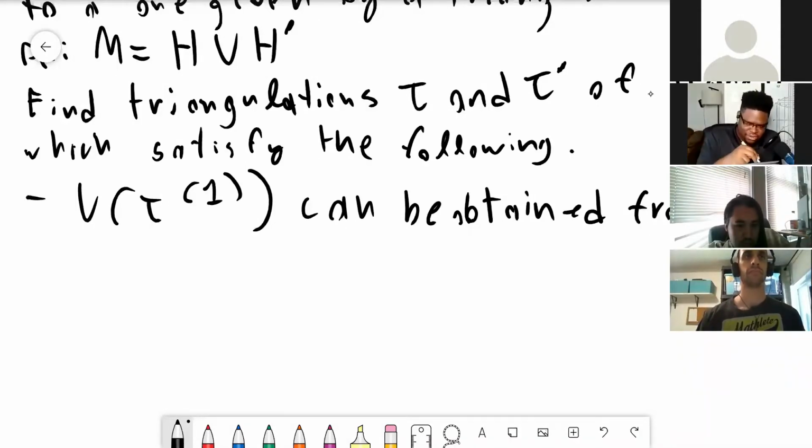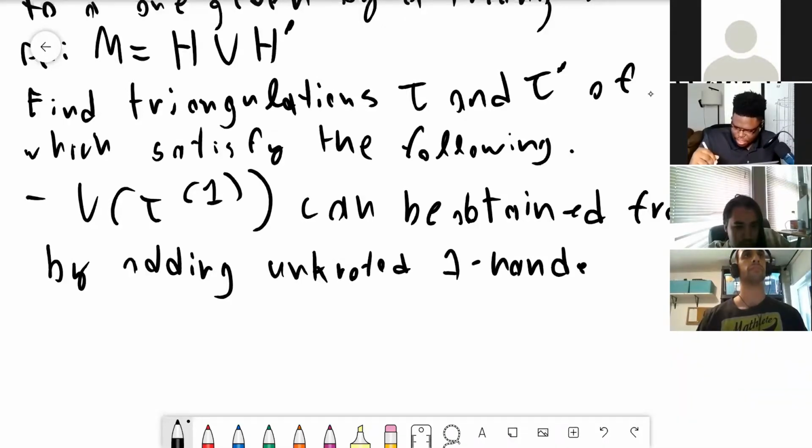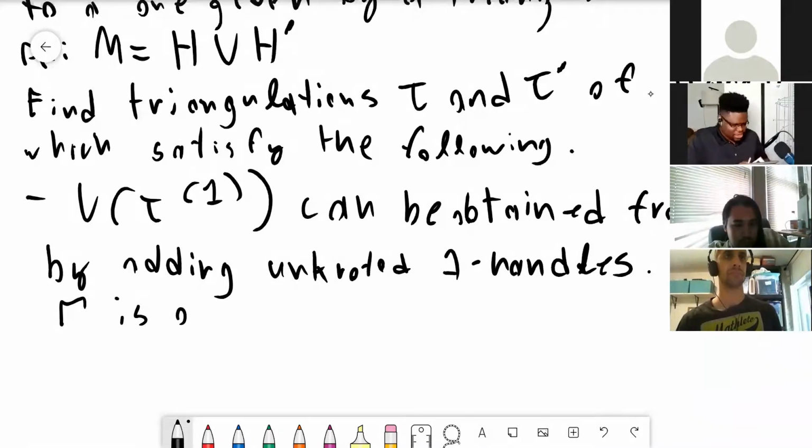Well, I'll find this later. By adding unknotted one handles. And here, gamma is, I forgot what word they used in the book. I think they call it an axis, but it's basically, I don't use the word they use, be consistent.